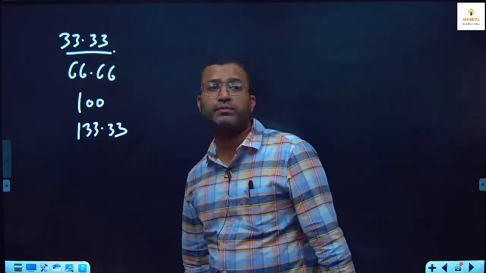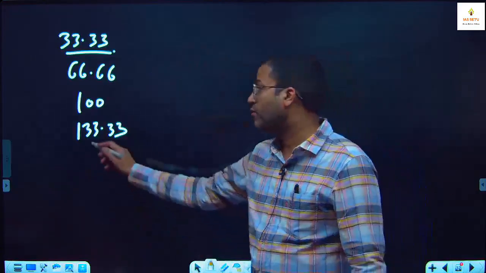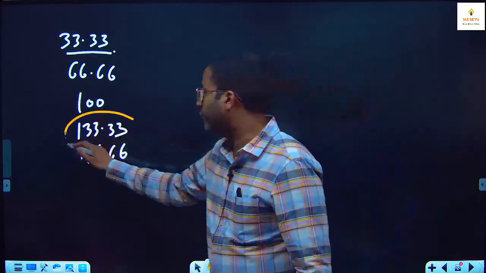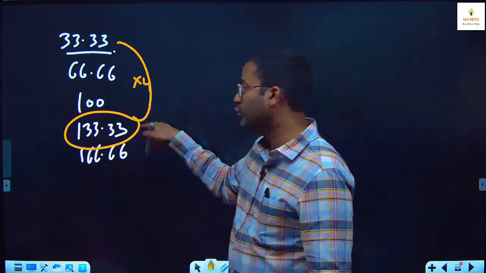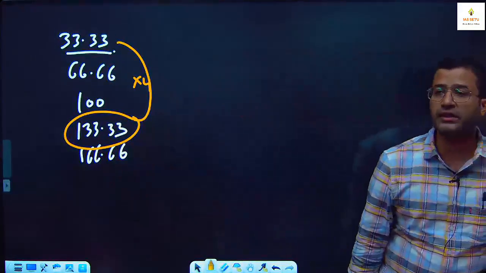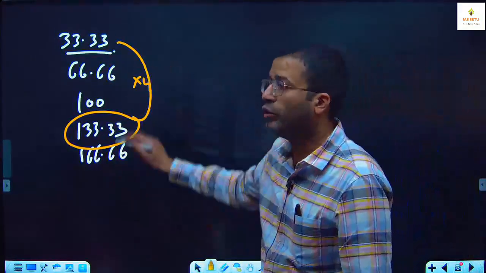What is 33.33 multiplied by 5? 166.66. I will use this value today. तभी मैं बता रहा हूँ. 133.33 is nothing. That is a 4 multiple of 33.33.